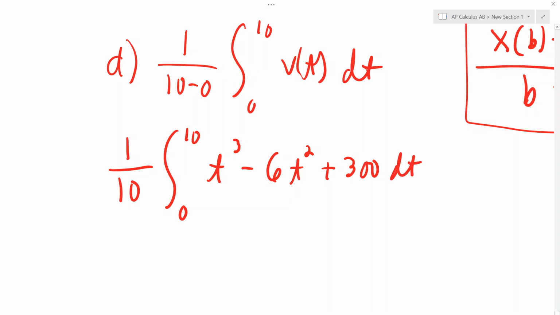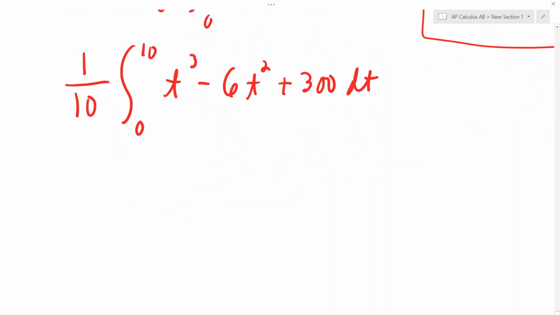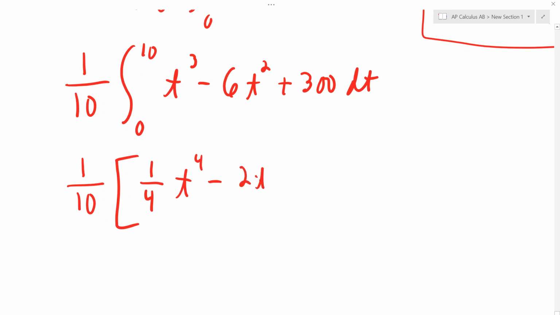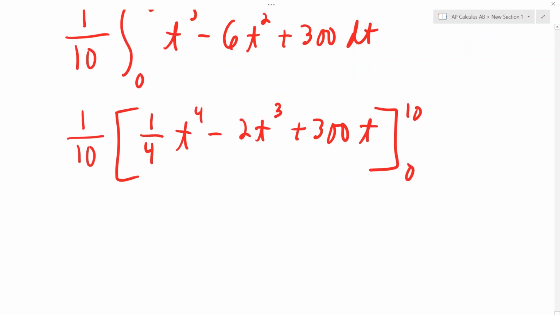Plus 300 dt. And yeah, they want you to do this by hand. So that's 1 over 10. Remember, this is just power rule. 1/4 t to the 4th minus 2t cubed plus 300t from 0 to 10.